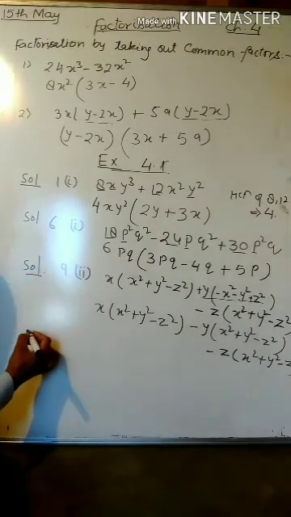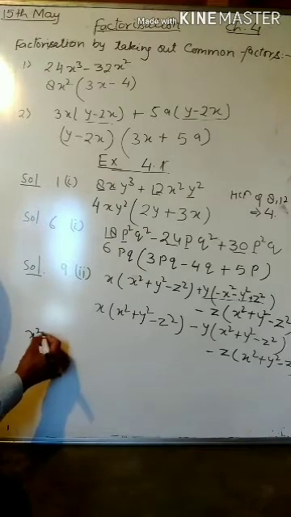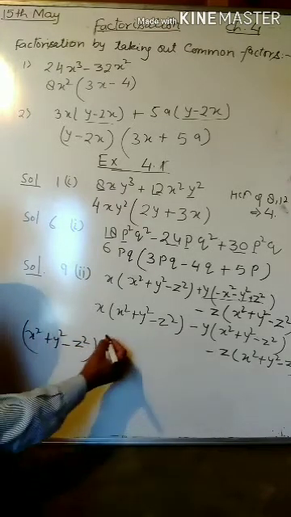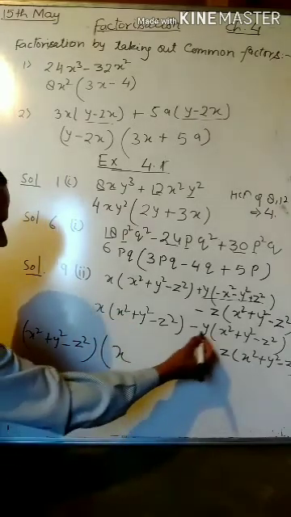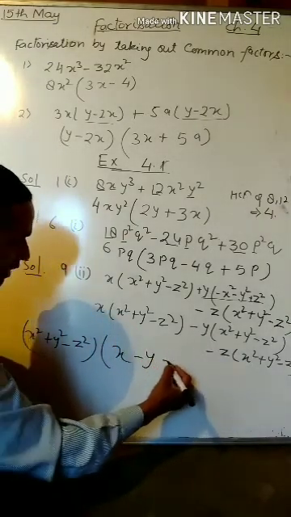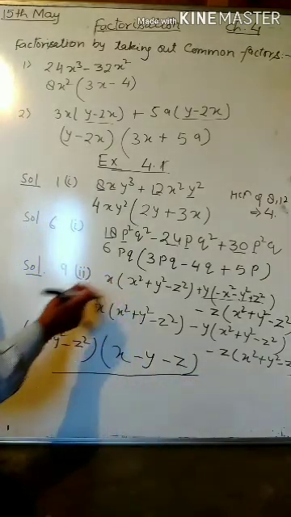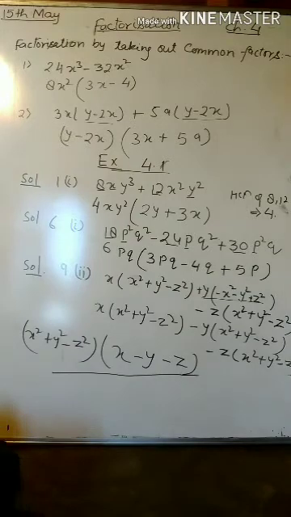So we will take out common x square plus y square minus z square. Here will remain x plus y minus z. These are two factors of this given expression.